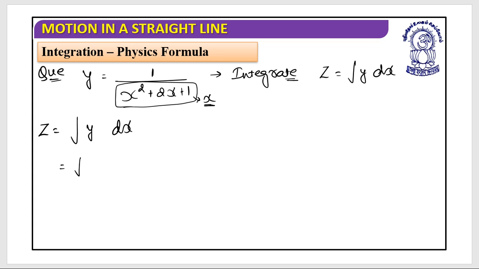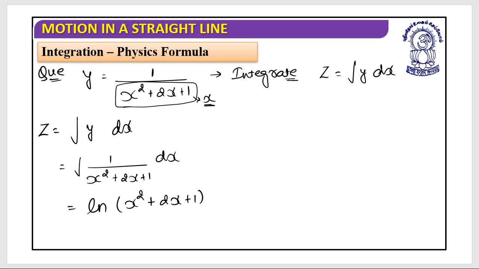And the integration of 1 by x dx, I can simply write as ln x. Yes, so I'm doing the same task. It's 1 by x square plus 2x plus 1 dx. So this should be ln of x square plus 2x plus 1.